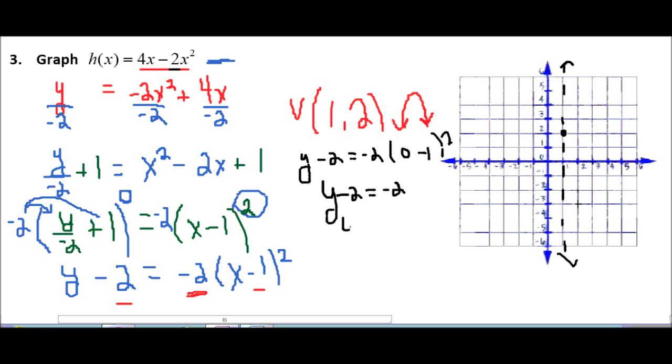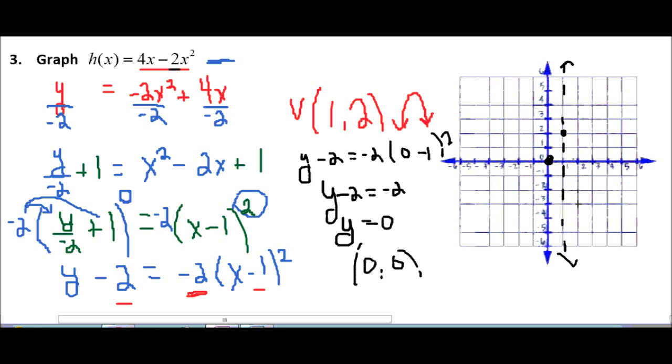Adding the 2 to both sides, I get y equals 0. So I have 0, 0 for my y-intercept. And that also happens to be one of our x-intercepts. Anytime the origin is your y-intercept, it's also your x-intercept. At least one of your x-intercepts.